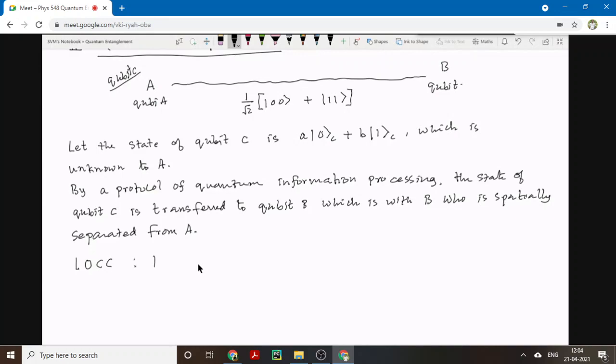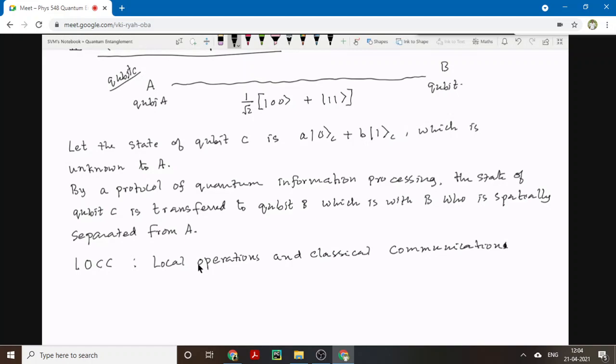These are basically local operations and classical communication. So we use this kind of a protocol.